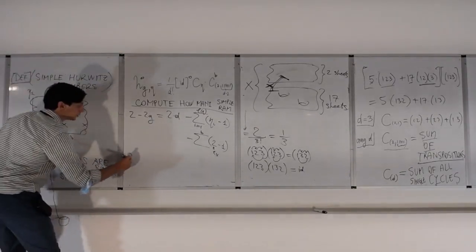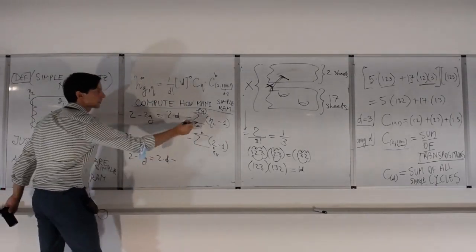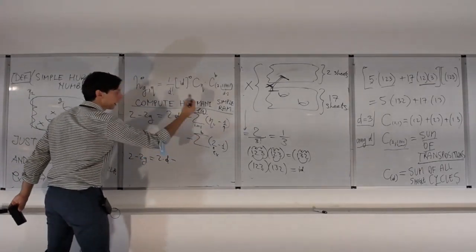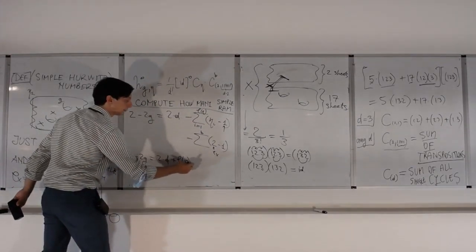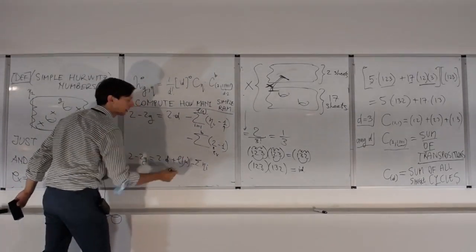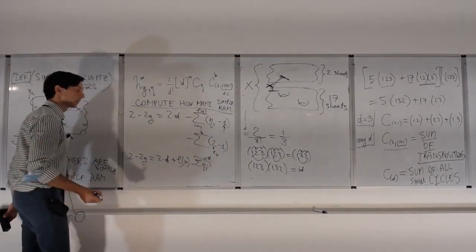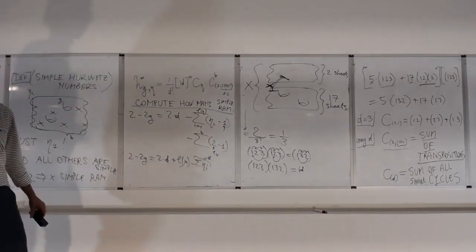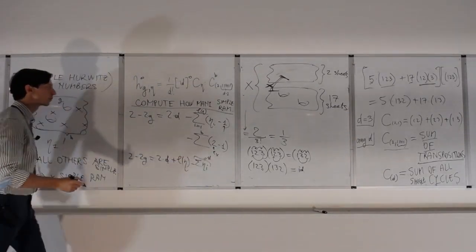So now 2 minus 2g is equal to 2 times d minus, I take this minus 1 outside, so that becomes plus the length of eta. And then I have minus the sum of the eta_i's. But we know that the sum of the eta_i's is always d. Length of eta, thanks, I'm so used to calling it mu.